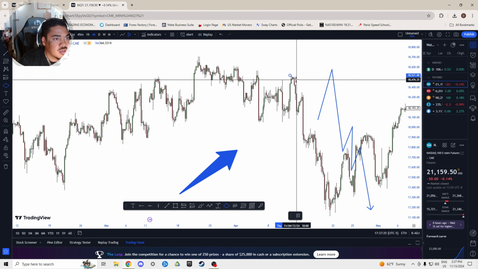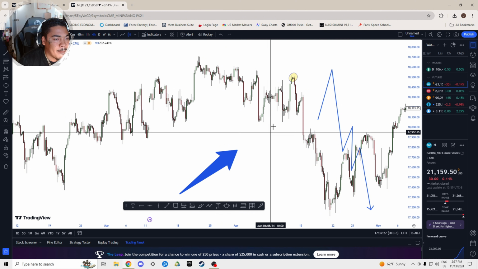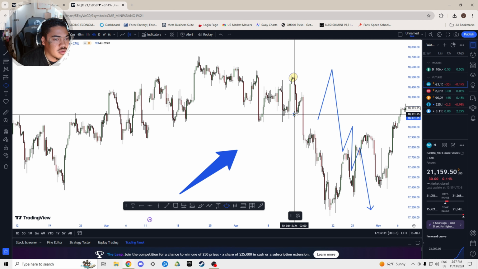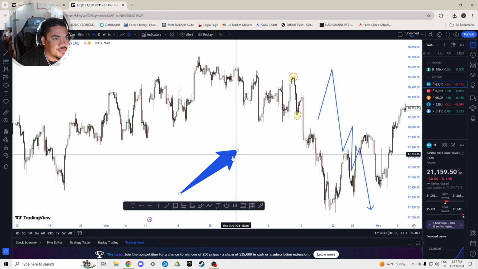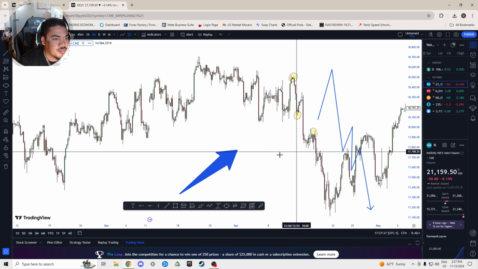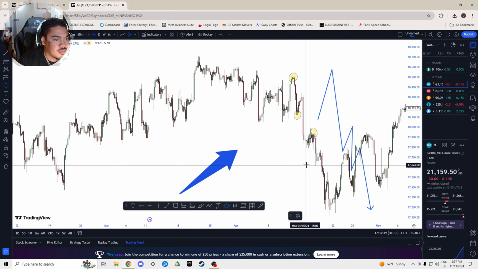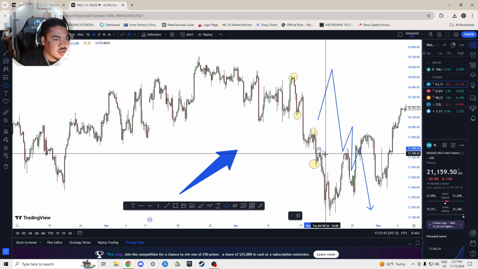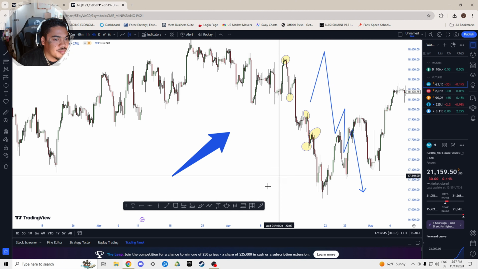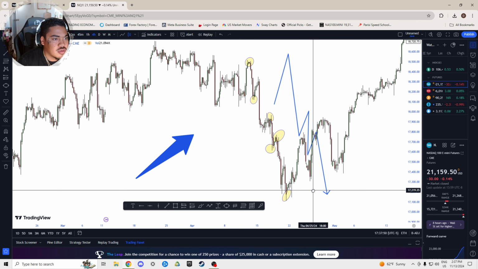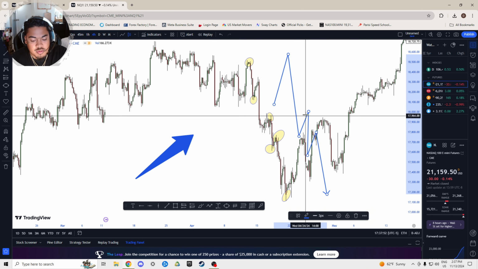You got boom, one right there, high, lower low, lower high, low, high, low. So that's going to be our bearish trend.